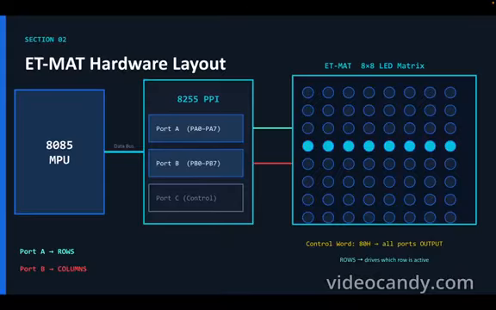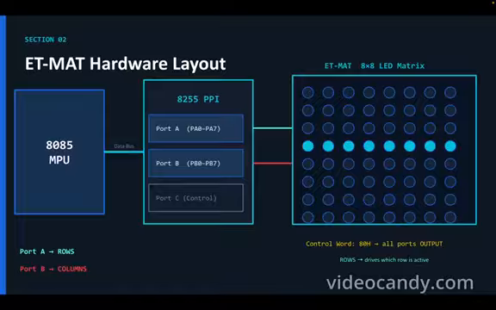Okay, so let's go through the ET-MAT hardware layout. The ET-MAT here stands for the Electronic Trainings Matrix Module, which is the matrix circuit in which our LEDs are connected.